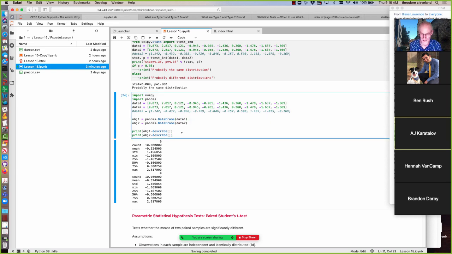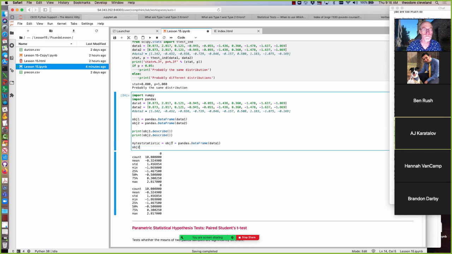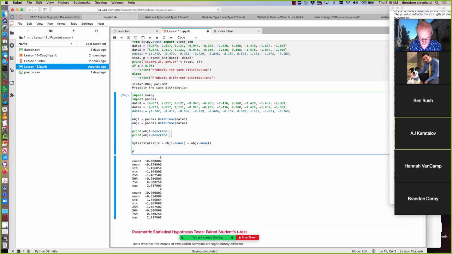Right here, let's go ahead and make our own test statistic. I think that will work, and then we will print my test statistic.